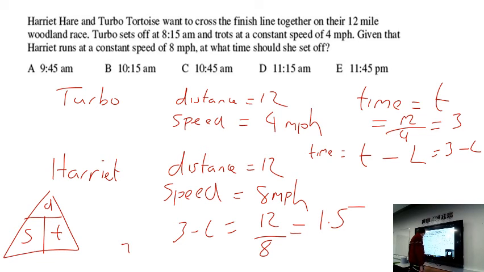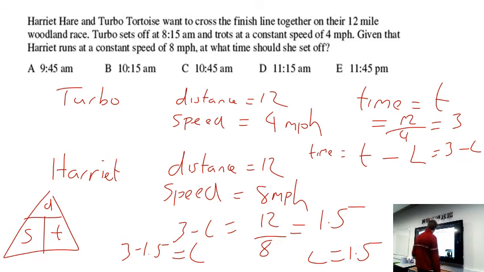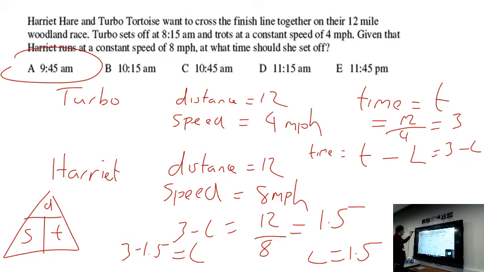So 3 minus 1.5 is equal to L. So L is equal to 1.5. Okay, so the lag is 1.5 hours. So Harriet the hare needs to have a delay of 1.5 hours. Okay, so if Turbo sets off at 8:15, an hour and a half later will be 9:45. So the solution is A. That's an hour and a half later.